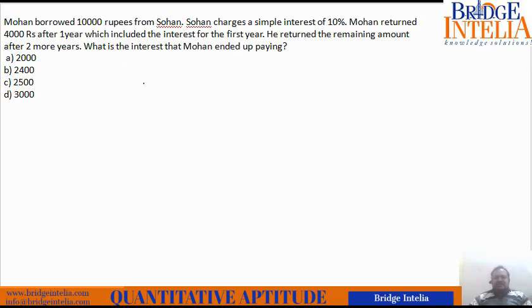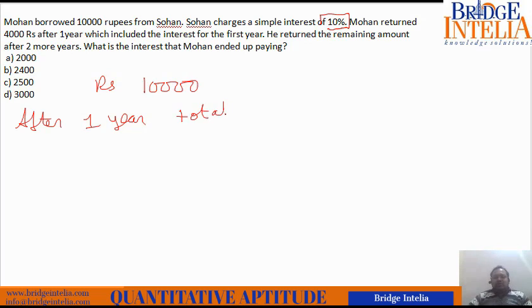So Mohan borrowed 10,000 rupees from Sohan, and Sohan is charging an interest of 10%. So after 1 year, what is the total amount due? Total amount due means if you repay this, the loan is over. The chapter is closed.